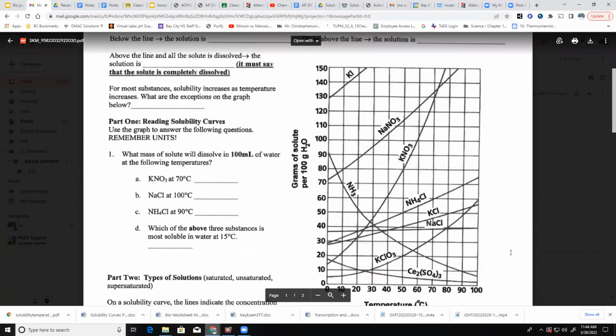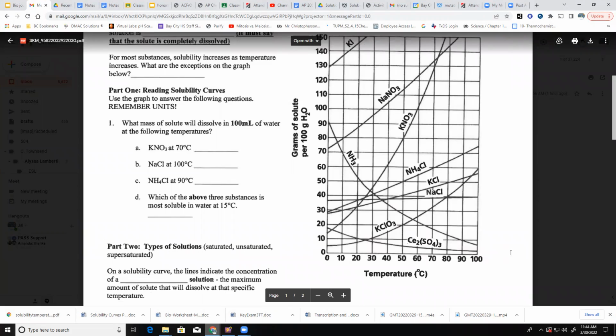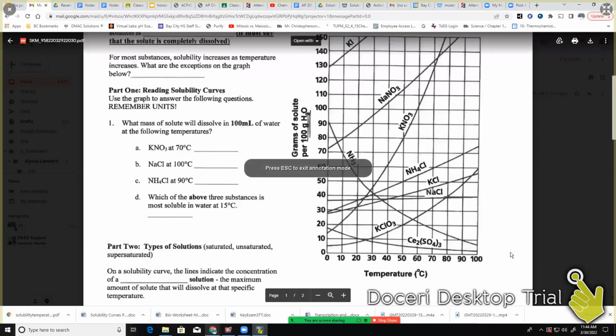All right, so let's start looking at some of the different problems that you might see. It says what mass of solute will be dissolved in 100 mL of water? That's exactly what we have going on here. 100 mL, 100 grams is the same thing, at the following temperature. So I'm looking at potassium nitrate at 70 degrees.